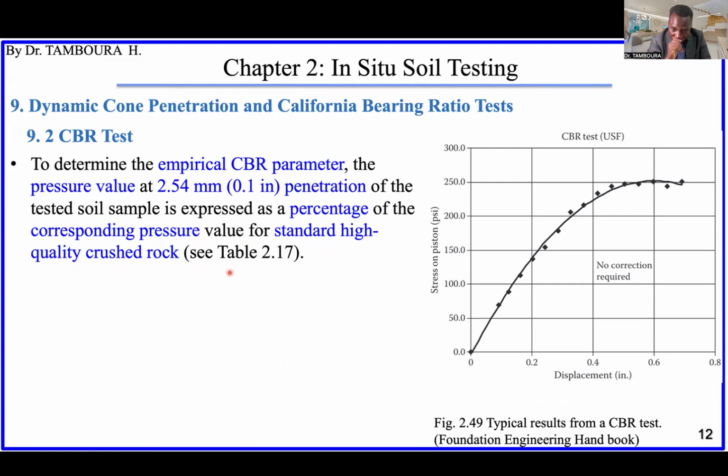What does it mean? It means you do this test on a given soil sample. But there is a standard soil, let's say rock, actually, crushed rock. Standard curve.